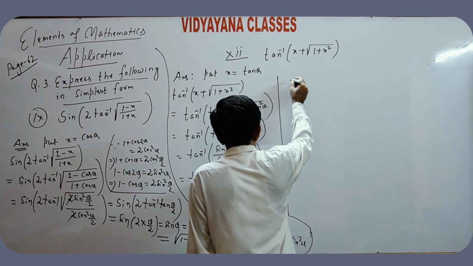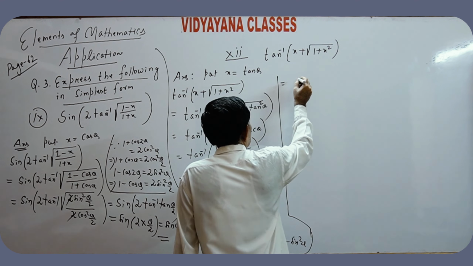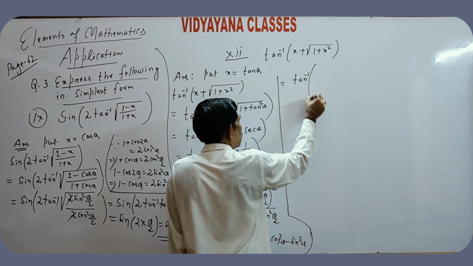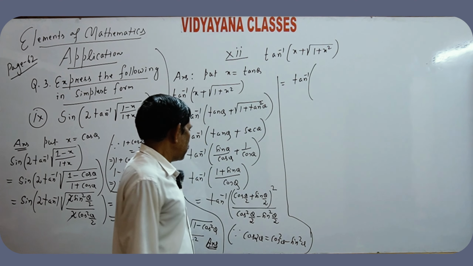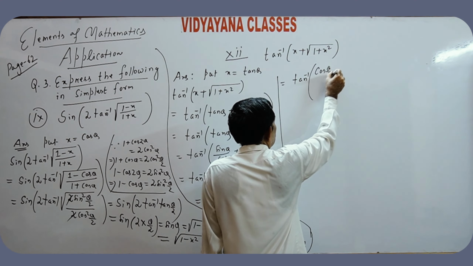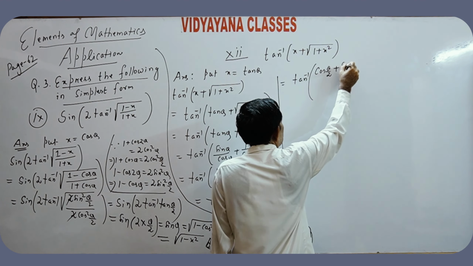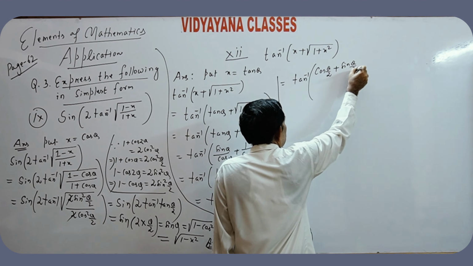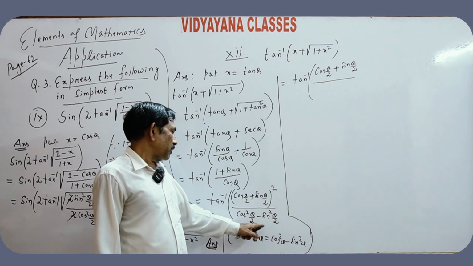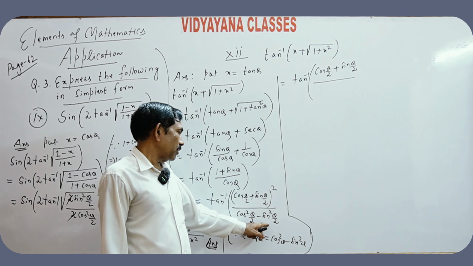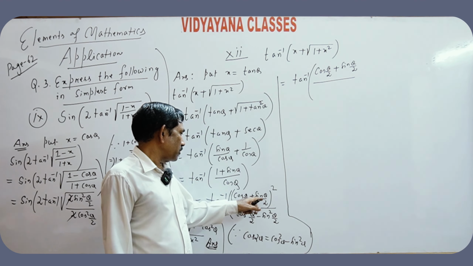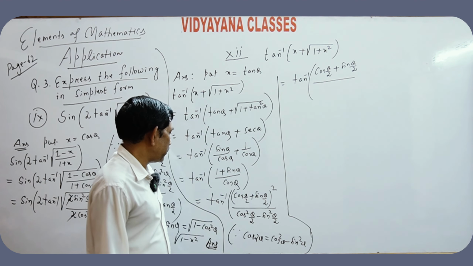Which is same as tan inverse of cos theta by 2 plus sin theta by 2 whole square, divided by a square minus b square, that is a plus b into a minus b. Cos theta by 2 plus sin theta by 2 is cancelled.